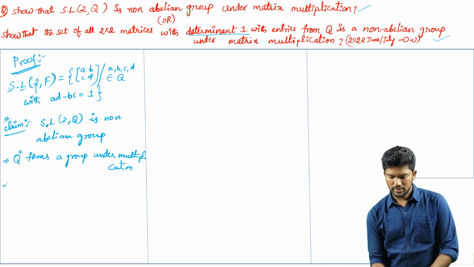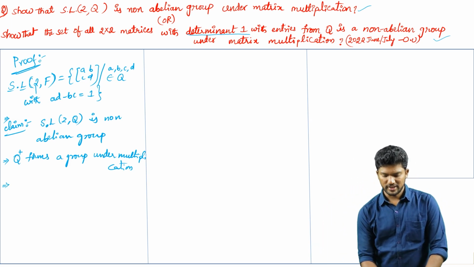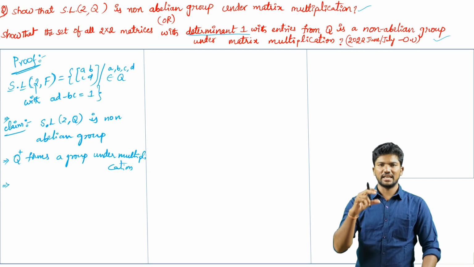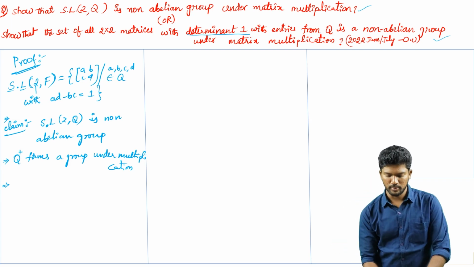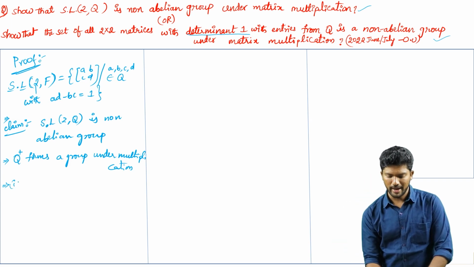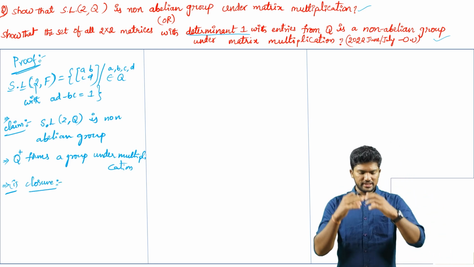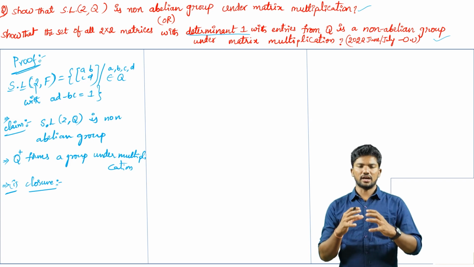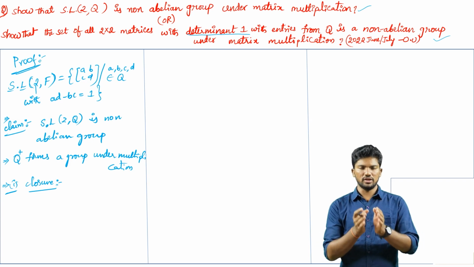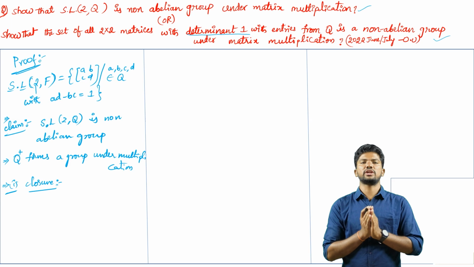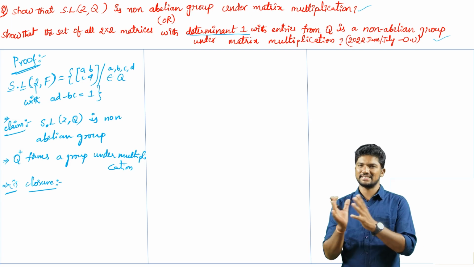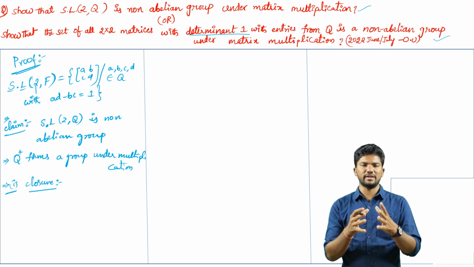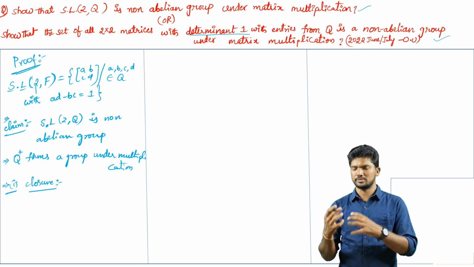Now to prove the given condition, first of all we are going to prove that this special linear group is a group. In the process, first of all I am taking the closure condition. We are going to prove this theorem by taking matrices of order 2 by 2 only, so we denote those matrices with capital letters A, B, C. If they ask in element format, we can take small a, small b, small c.